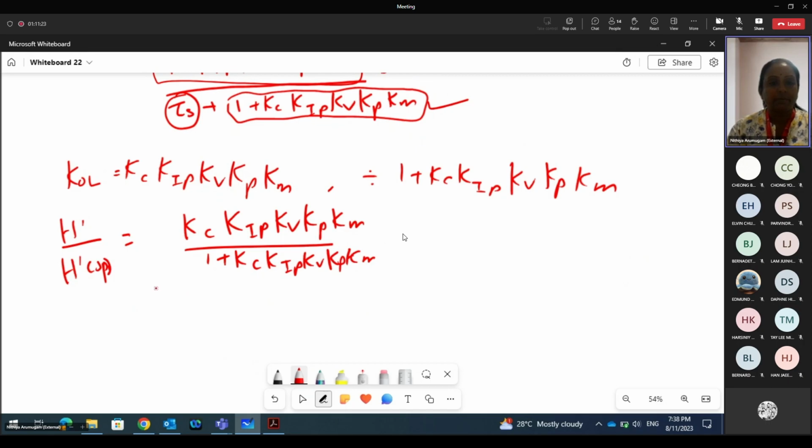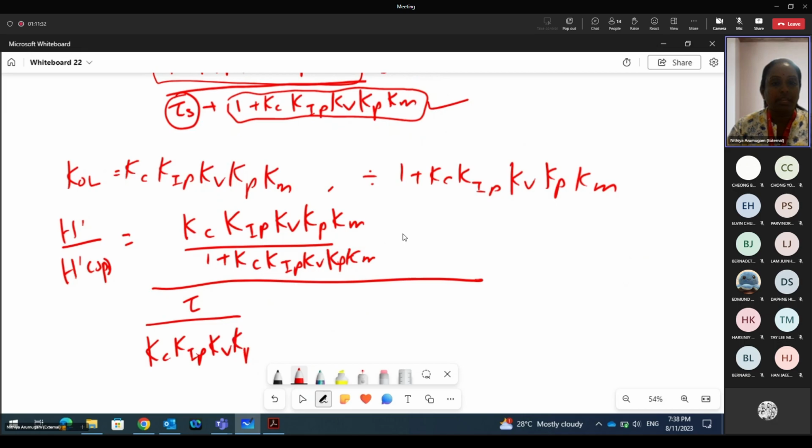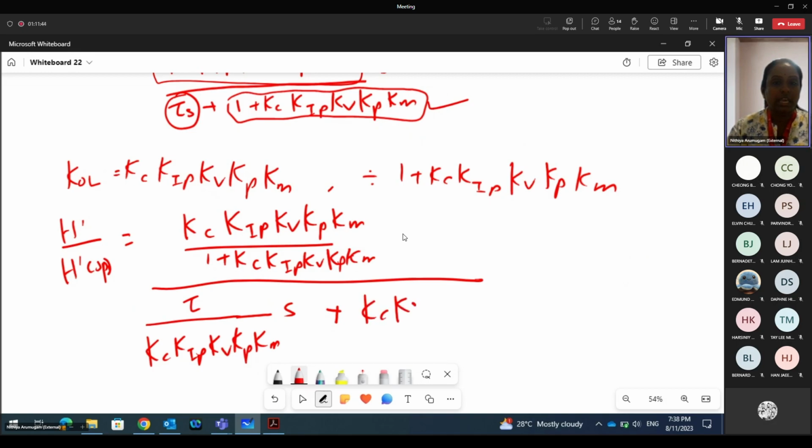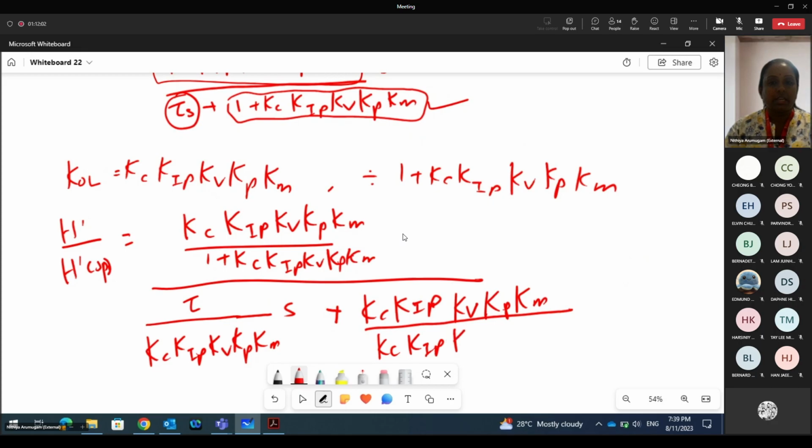So it's going to be tau divided by KC, KIP, KV, KP, KM, times S, and then plus KC, KIP, KV, KP, and KM divided by KC, KIP, KV, KP, KM.